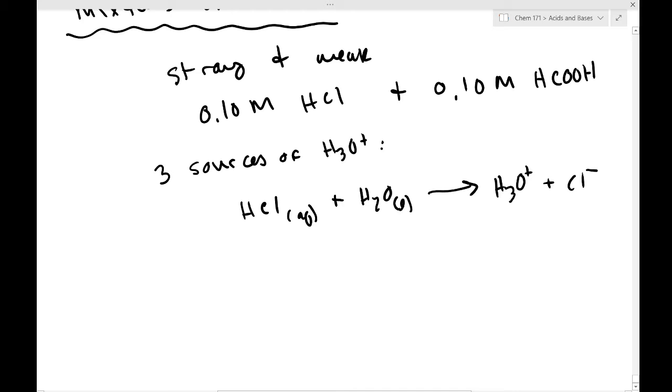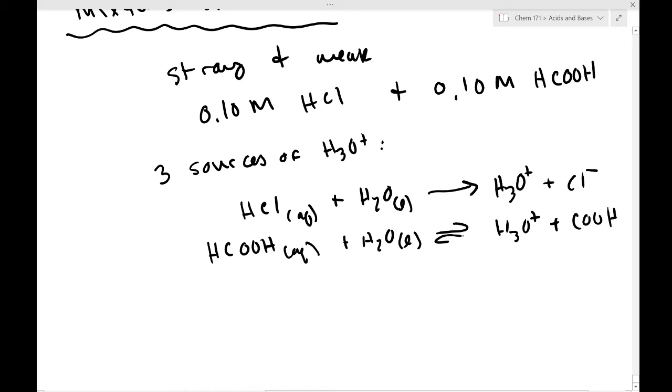We have the formic acid, HCOOH, reacting with water to form H3O+ and HCOO-.